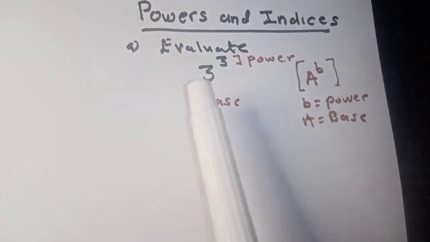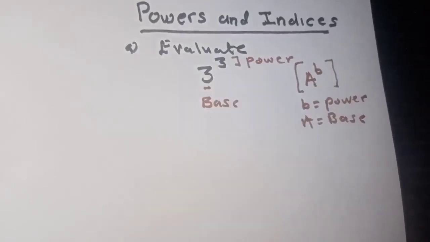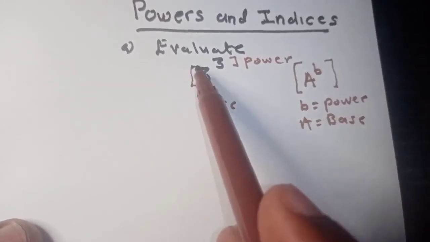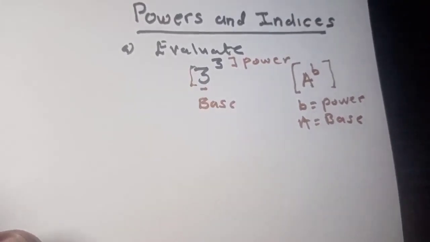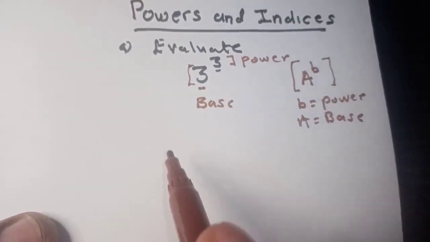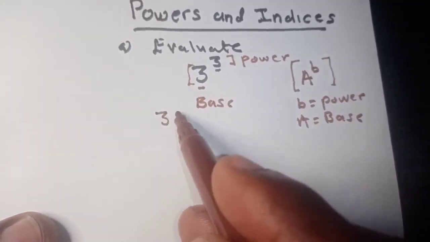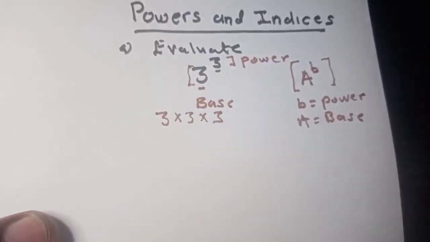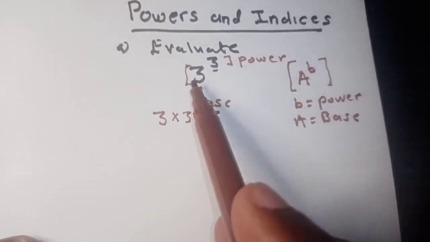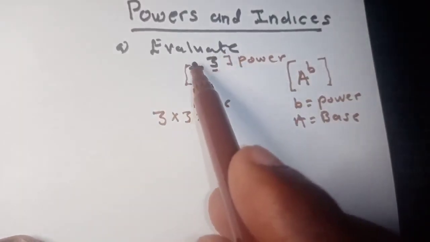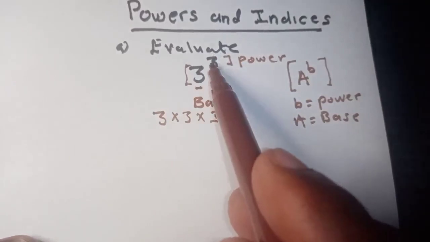When you've been given 3 raised to the power 3, this simply means that you multiply the base, 3, by itself 3 times. So you get 3 by 3 by 3. That is what this means.